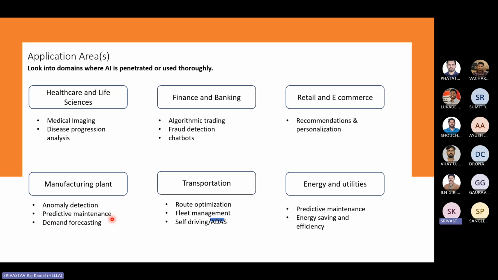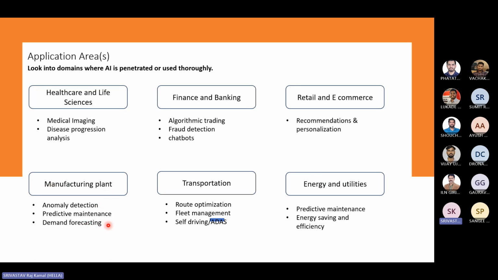Earlier this was done with pure conditional logic. Now machine learning is helping, so that given certain traits, it can tell how many days the batteries will last. Such maintenance is part of machine learning algorithms, mostly in the manufacturing plant domain.